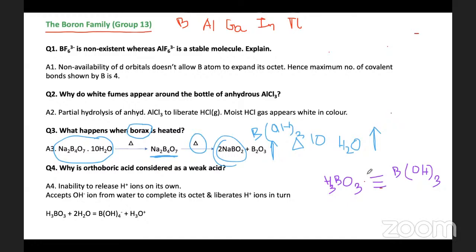Now, whether an acid is strong or weak depends upon its ability to release H+ ions. So suppose we have a species AH.